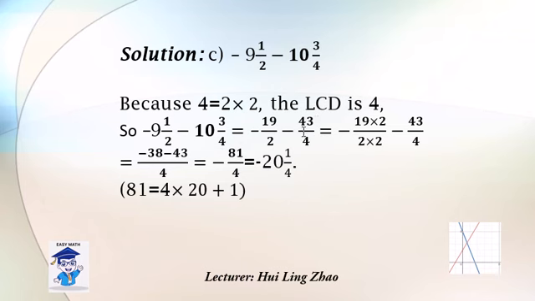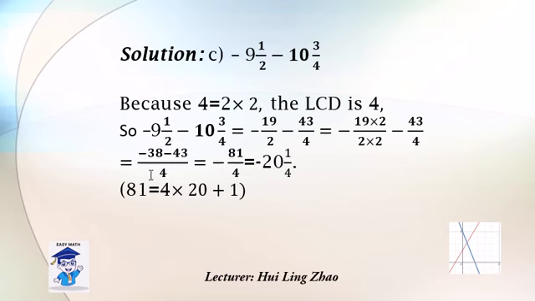So the second term is negative 43 over 4. Next, we make the same denominator 4. For the first term, we have to multiply by 2, right? So negative 19 times 2 over 4. And the second term, same thing, no change, negative 43 over 4.